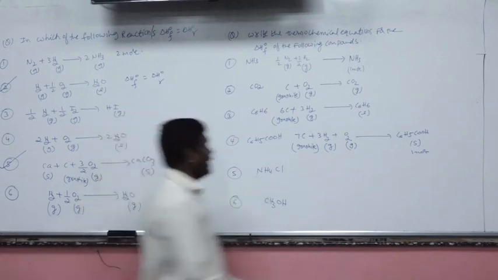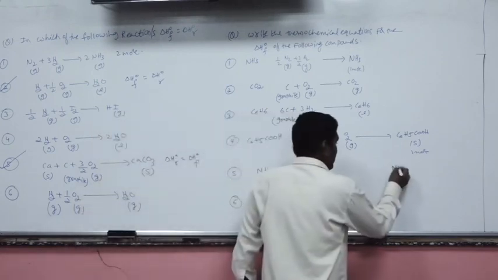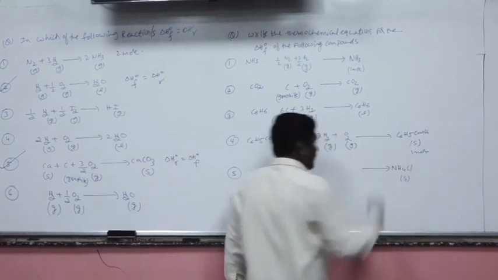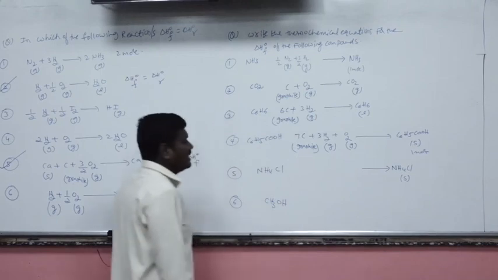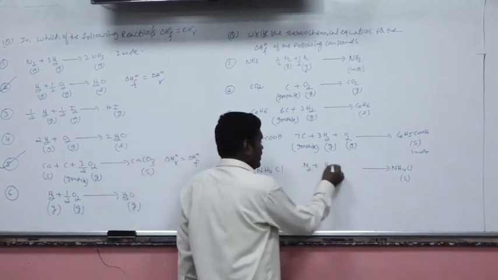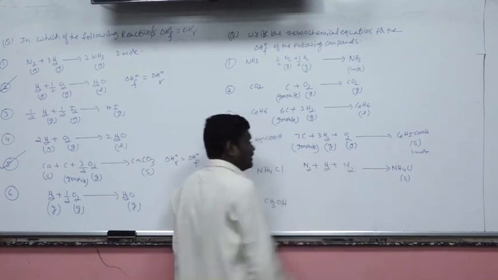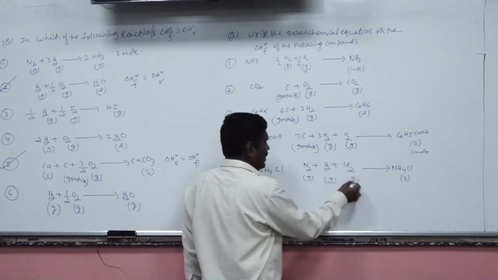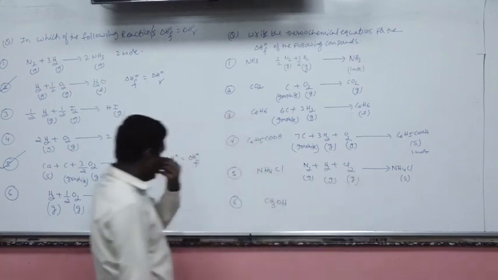Now ammonium chloride. Do you know ammonium chloride is an ionic compound, a crystalline solid substance? Now it also contains 3 elements: nitrogen, hydrogen and chlorine. Do you know dinitrogen, dihydrogen, dichlorine are all gaseous state? Yes, standard state.